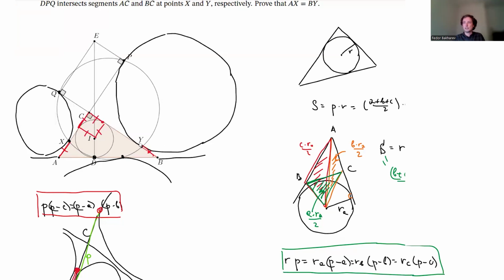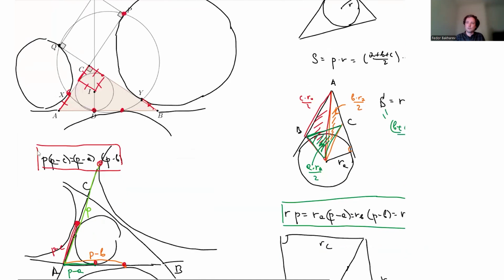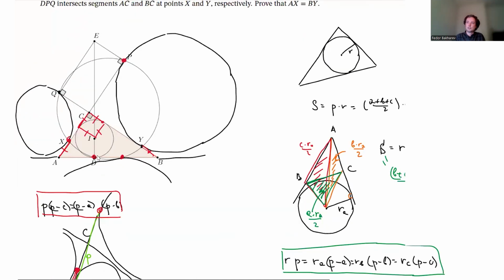So the idea that, for example, these 4 points belong to a circle is behind this problem. Just a calculation of such kind for the right triangle shows that these 4 points live on a circle. At the same time, these points also should lie on a circle, and these 4 points should lie on a circle.